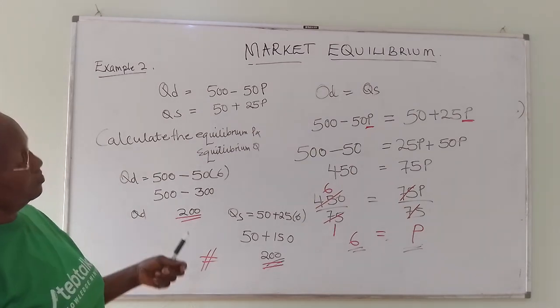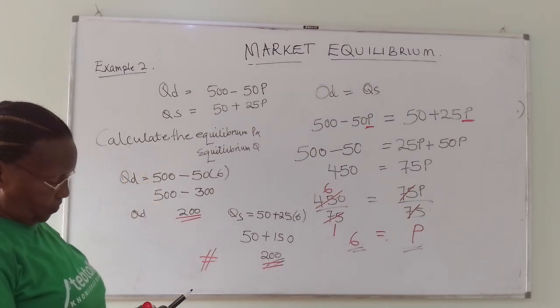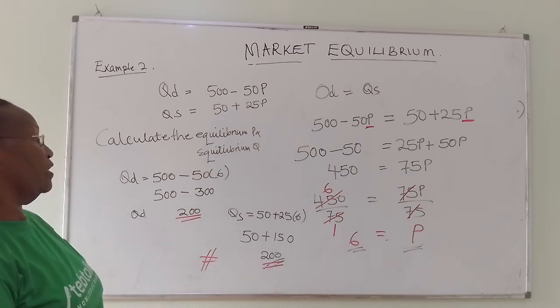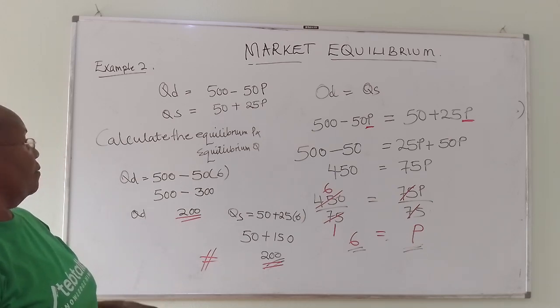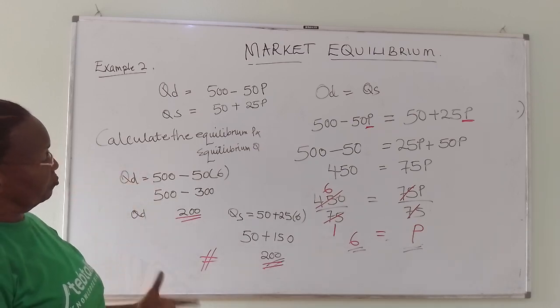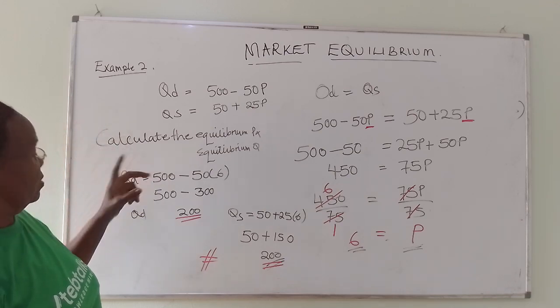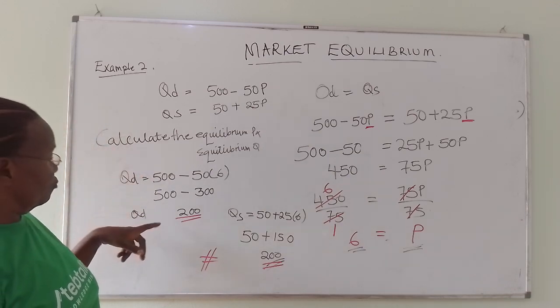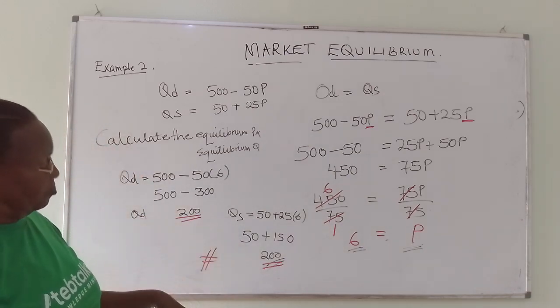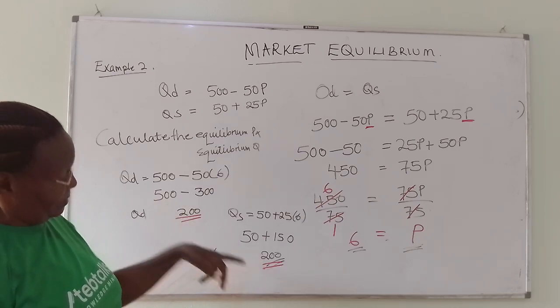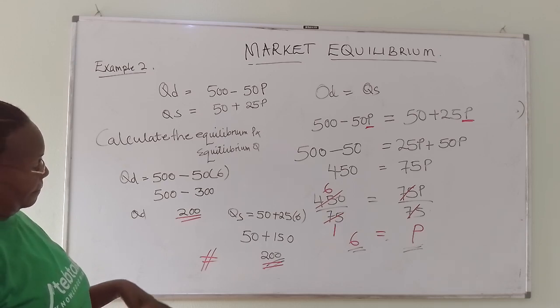So we find that we can strike an equilibrium using these variables, and you can conclude that having calculated the equilibrium price, you are going to get an equilibrium quantity, which is where the quantity demanded is the same as the quantity supplied.